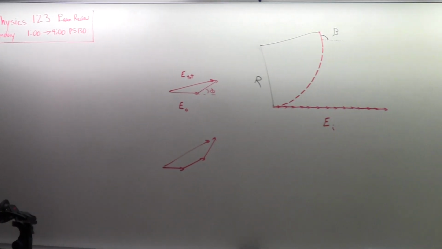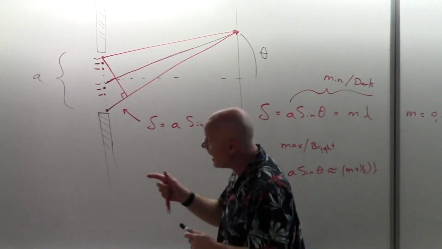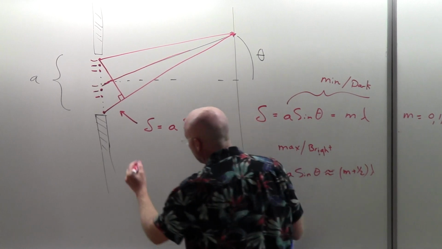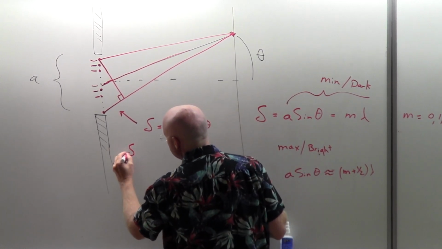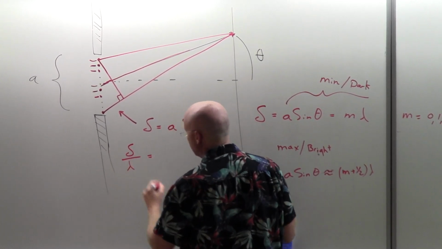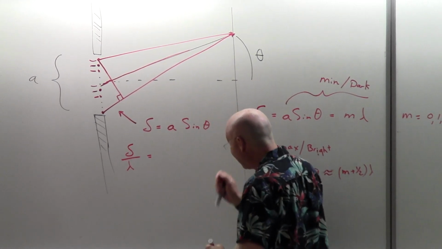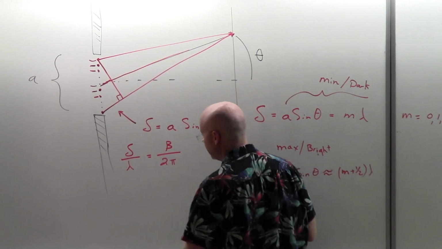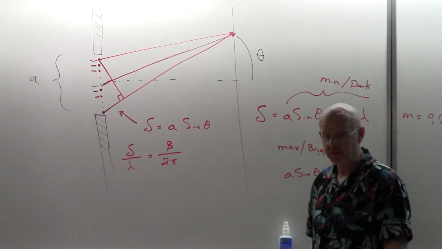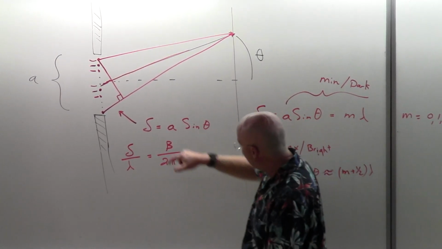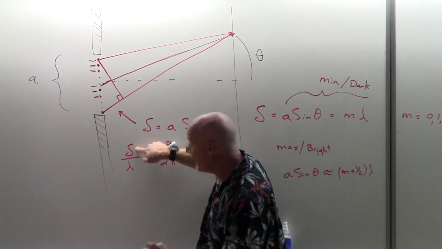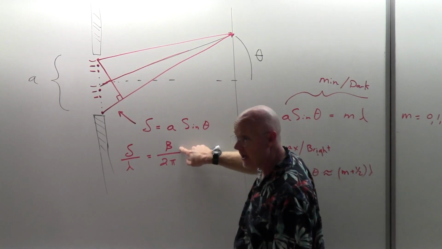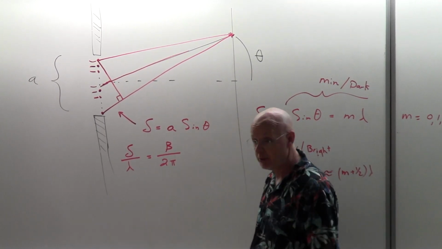So if I come over to here and do kind of the same proportionality that we did for the double slit, I could say phase difference is to lambda as beta is to 2 pi. Right? And again, this extra phase of the last wave compared to its wavelength is how much phase compared to 2 pi.